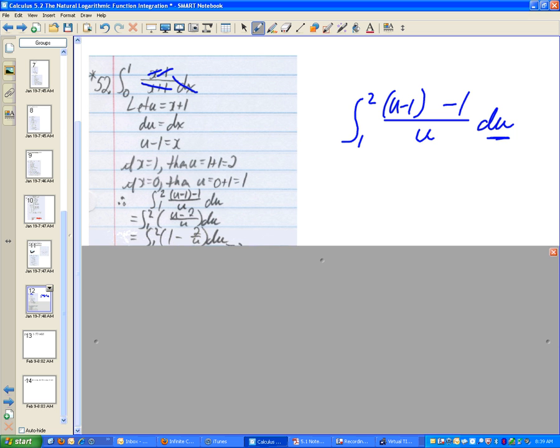So we've got the integral from 1 to 2 of, well, then u divided by u is 1 minus, and then 2 divided by u. Or if you'd rather, you could call it 2 times 1 over u. Call it one of those two things, because from either one of those things, we can integrate it fairly easily.